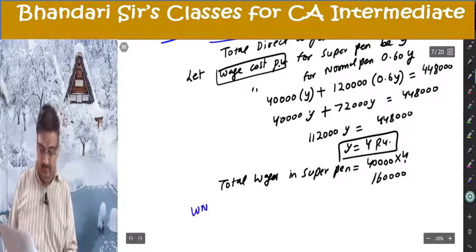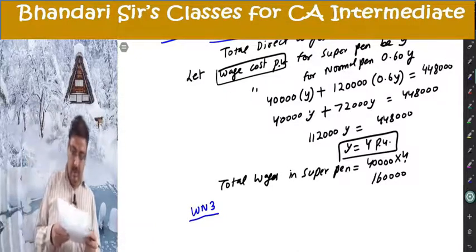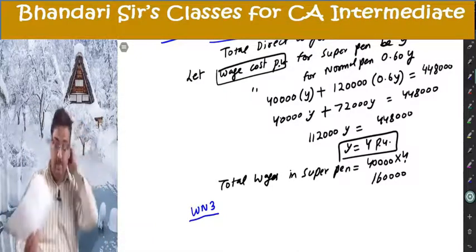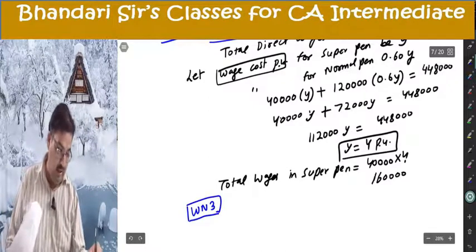Working note 3. He says factory overhead was at same rate for both the types. So factory overhead are little bit easier.